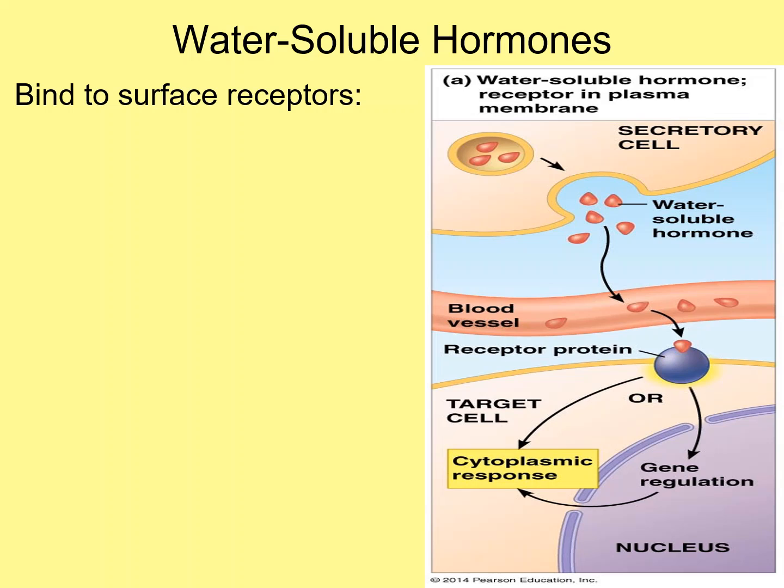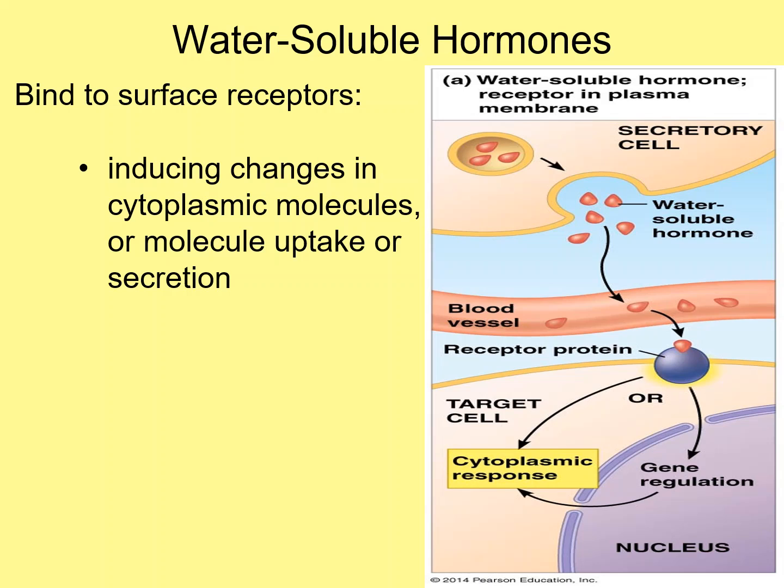So they bind to a receptor protein, as we can see here in this little visual image, and the binding of the hormone to the receptor protein triggers a set of changes inside the cell, much like our example of epinephrine that we looked at earlier, right? Where the binding of epinephrine to the receptor protein triggered changes in another protein, which triggered changes in another protein, which sets off an enzyme cascade, which finally causes the response, right?